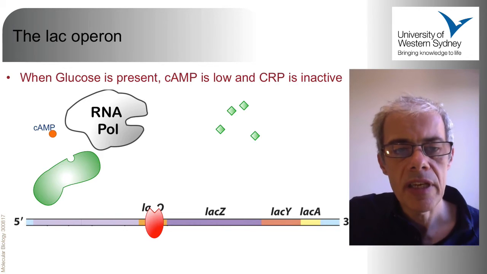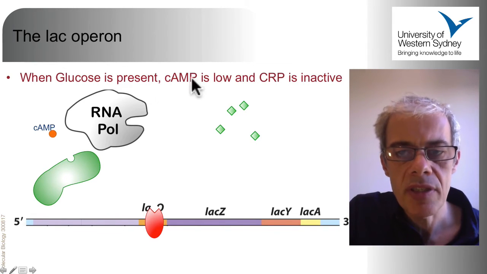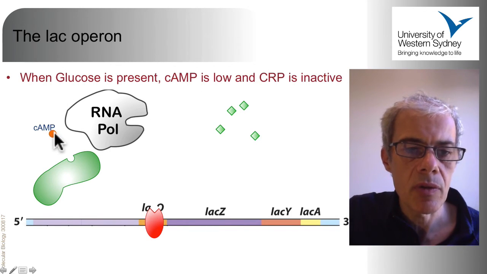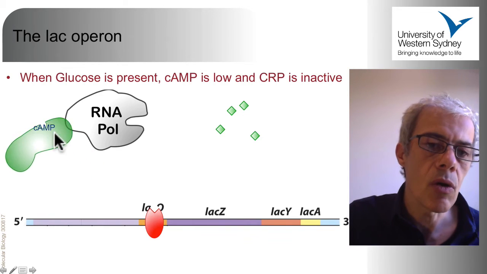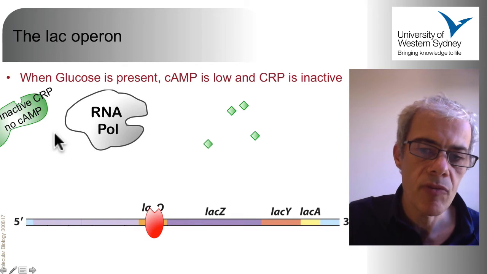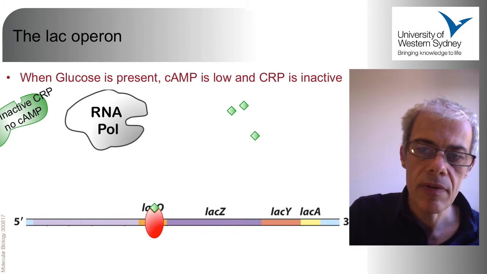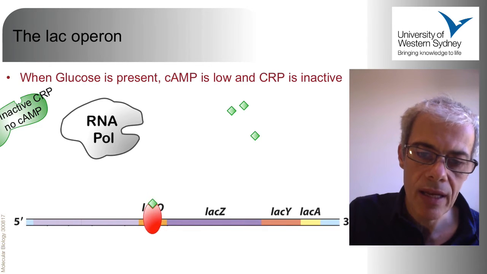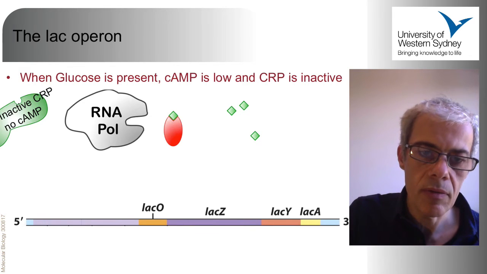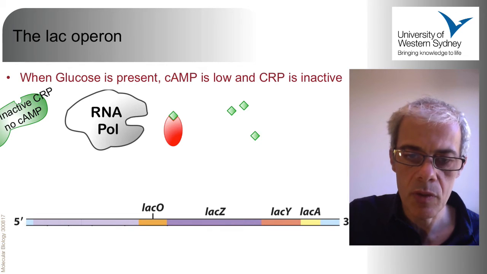Obviously this came about because people started to look at the Lac repressor in the presence of glucose. In the presence of glucose, the cyclic AMP levels are low, so the RNA polymerase affinity for the promoter is weak. Therefore, even in the presence of allolactose, the RNA polymerase is fairly feeble at binding to the promoter.